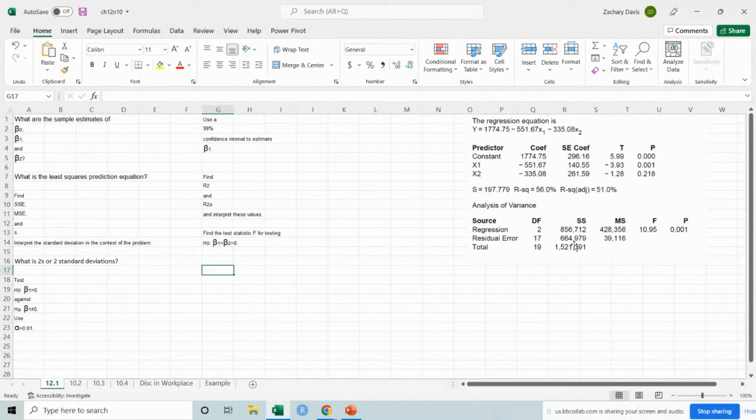The SSE would be 664,979, and our mean squared error would be in this column, 39,116. And S, the standard deviation of our regression model, is here. S equals 197.779. Okay, so what is 2 standard deviations? Well, it would be 2 times this number, so 2 times 197.779.